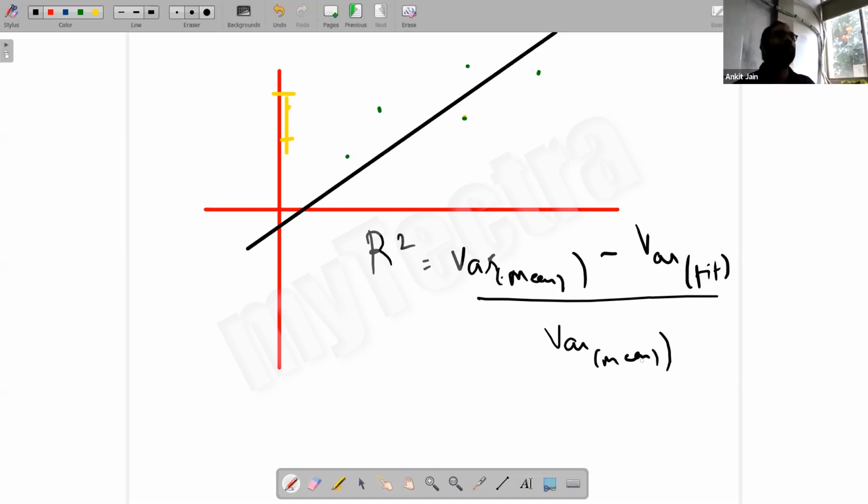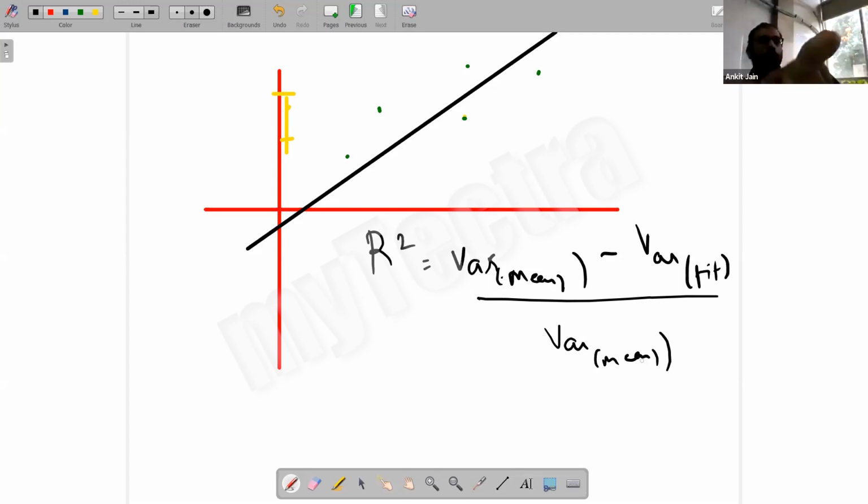So one way of thinking about it was, how much better have you modeled with respect to the mean model? The other way to think about it is, how much have you reduced the variance from your mean? There was some variance when you had the mean model, and now with your fitted model, how much have you been able to reduce it? Is it clear? So suppose he has reduced it to some point and you have reduced it to some point.